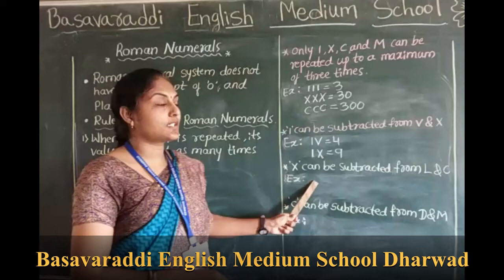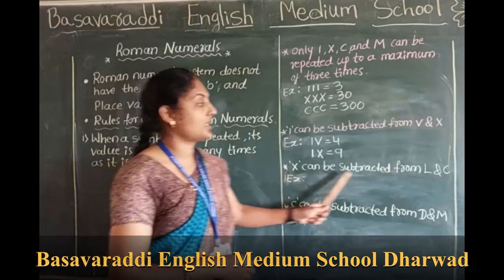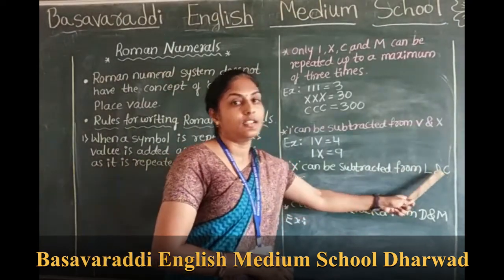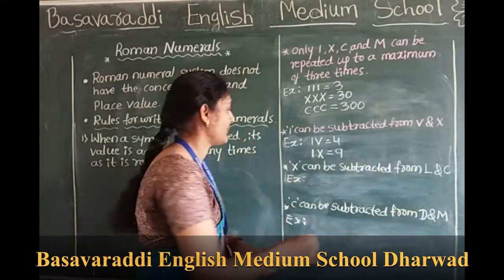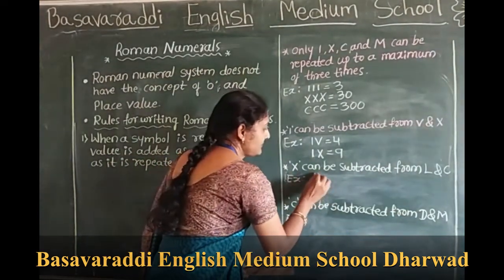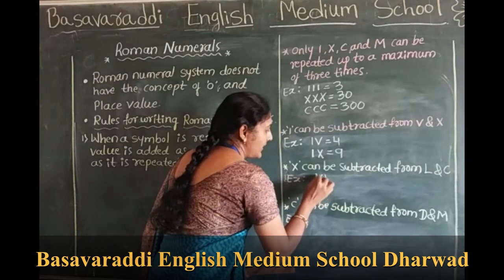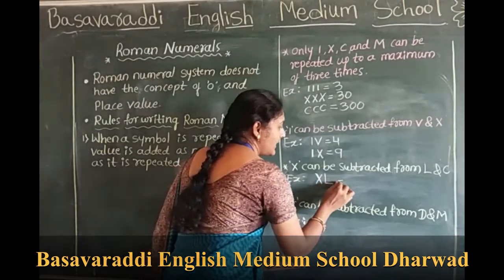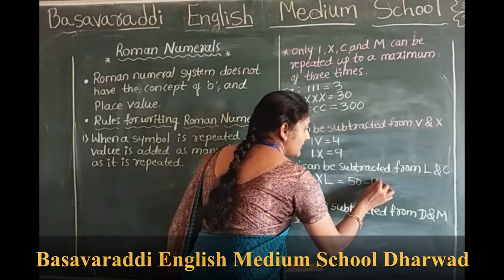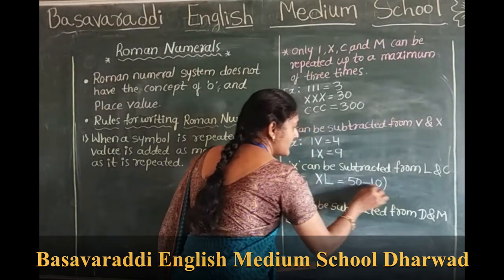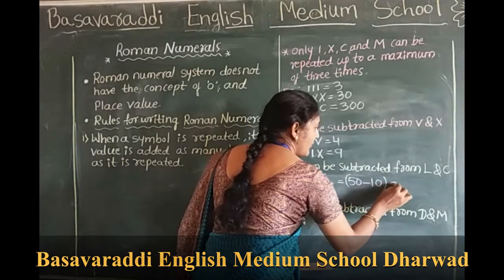Go to the next tip: X can be subtracted from L and C only. With the example, XL: the value of the L is 50. It is subtracted by X, so the value is 40.